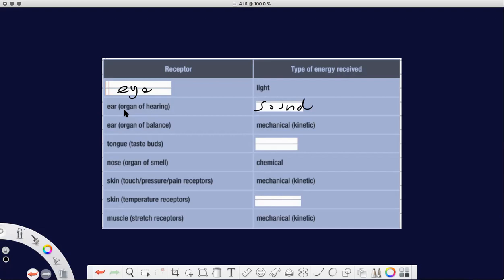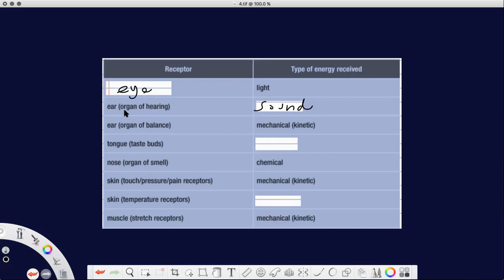How it really works: there is a fluid-filled sac inside the ear, and inside this sac there are tiny structures which are floating, and they are connected to the nervous system.